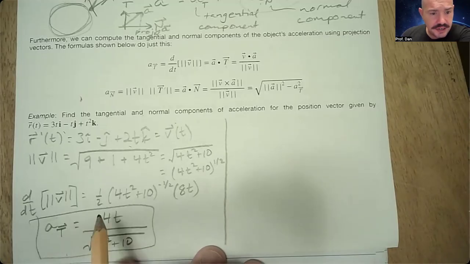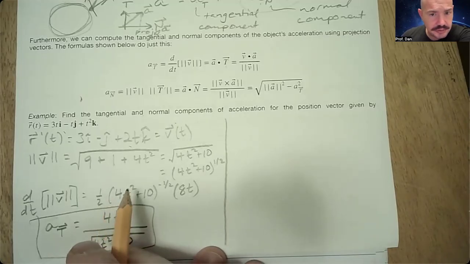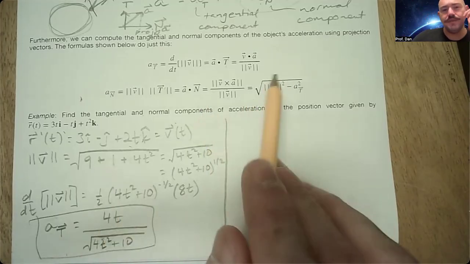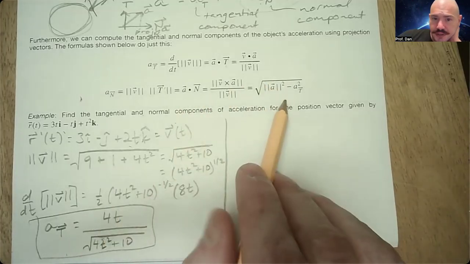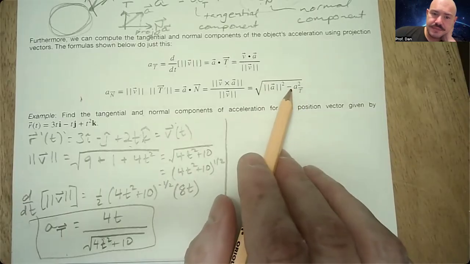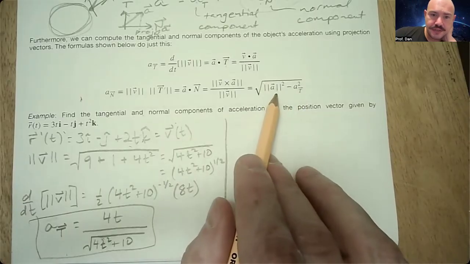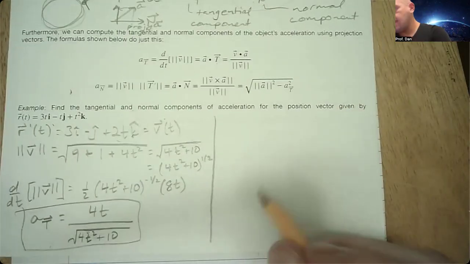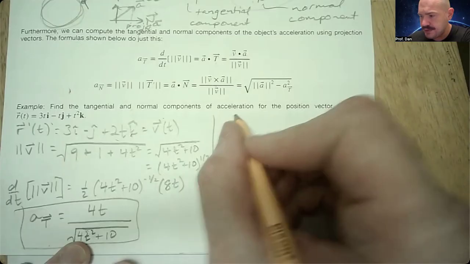Now to find our normal component, again, we have all these different ways that we could do that. I know I'm going to need my acceleration vector for this, no matter which method I use. So I'm going to find that first.